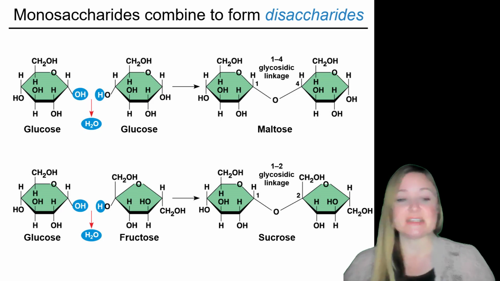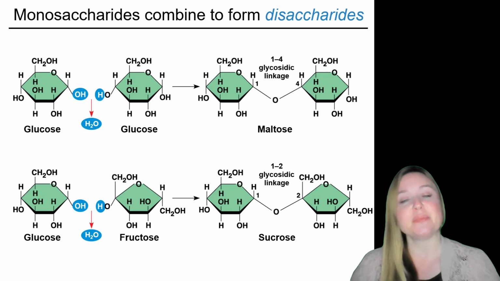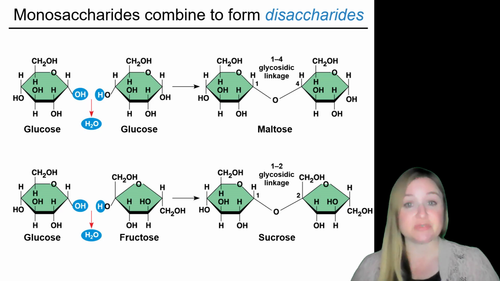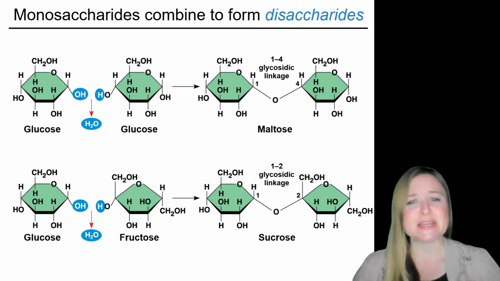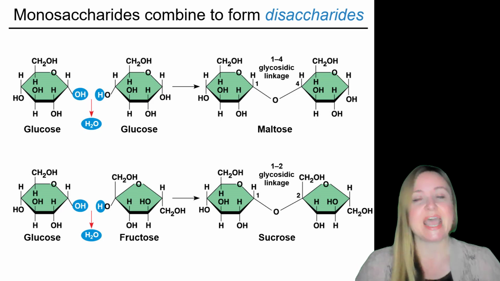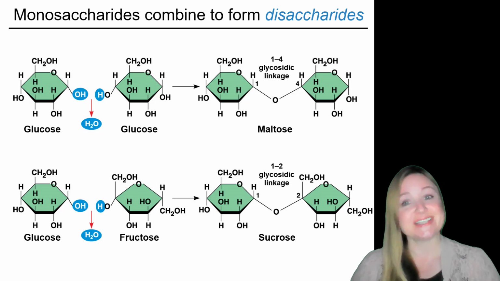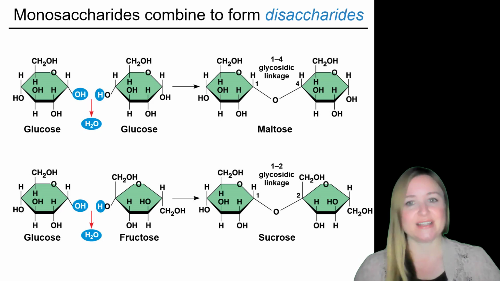Now, in this case, it's the first carbon of glucose and the second carbon of fructose that end up being where that bond with oxygen is found in sucrose, so that is a 1,2 glycosidic linkage. Do you see how this works? So monosaccharides are the smallest of the carbohydrates, and 2 monosaccharides bond together to form disaccharides. Both of these are sugars, and both of them are sweet to the taste.